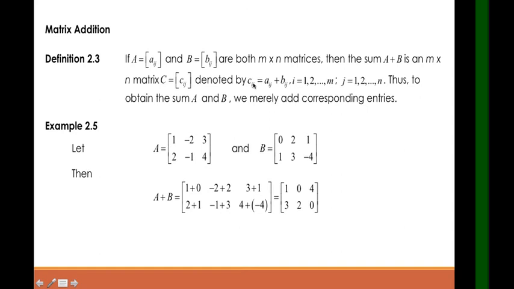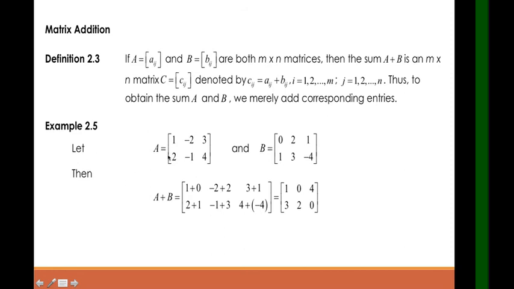The c_ij is obtained when you add the elements of A and B, such that i = 1, 2, ..., m and j = 1, 2, ..., n. Thus, to obtain the sum of A and B, we merely add corresponding entries.